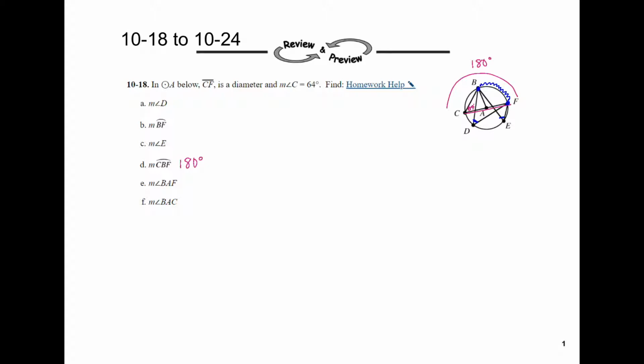They're inscribed angles, so if we find arc BF, we can divide that by 2 in order to get those angles.